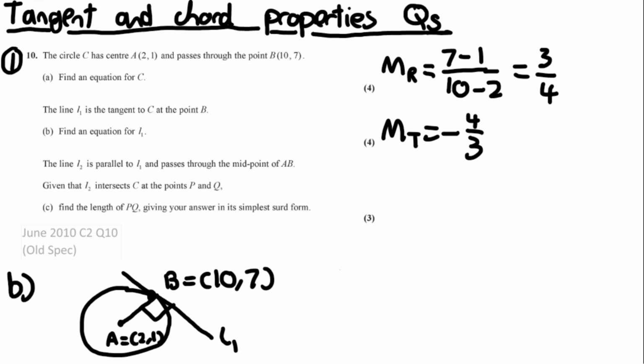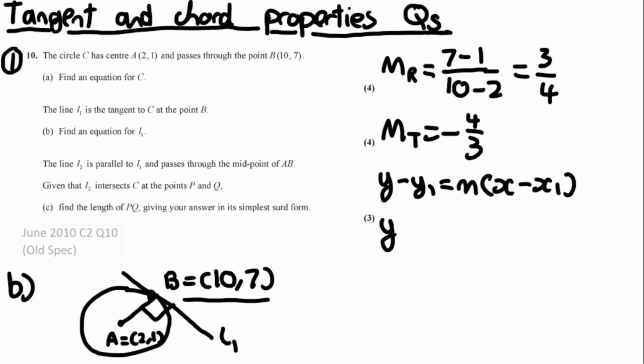Now we need to know a point on the tangent, and then we can use the equation y - y1 = m(x - x1). And we do know a point on the tangent because we know the tangent is at the point B, which is (10, 7). So therefore we can write the equation of the tangent as, using this point here, y - 7 = -4/3 (x - 10), as we're using the gradient up here.